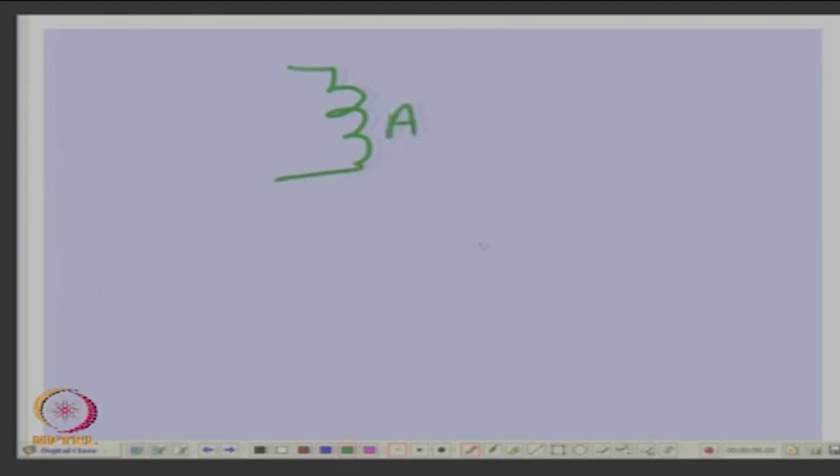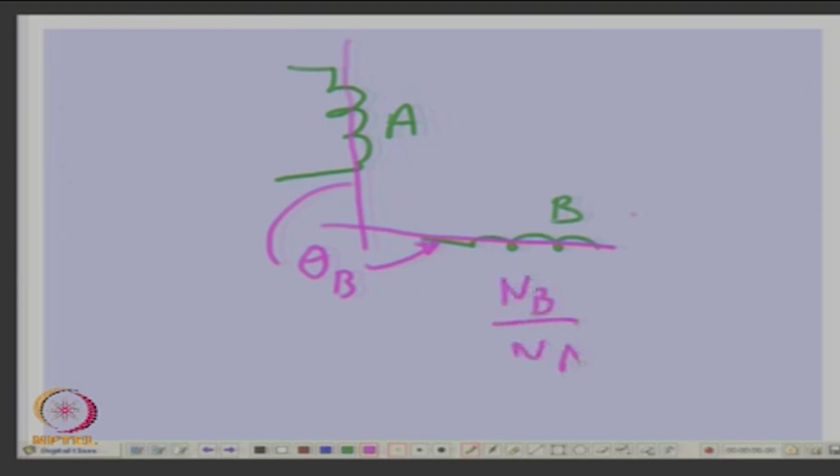Now, I keep another winding B, which is at an angle, you always take positive theta as counterclockwise, let us say theta B with reference to A. Let us say NB by NA is some factor KB.